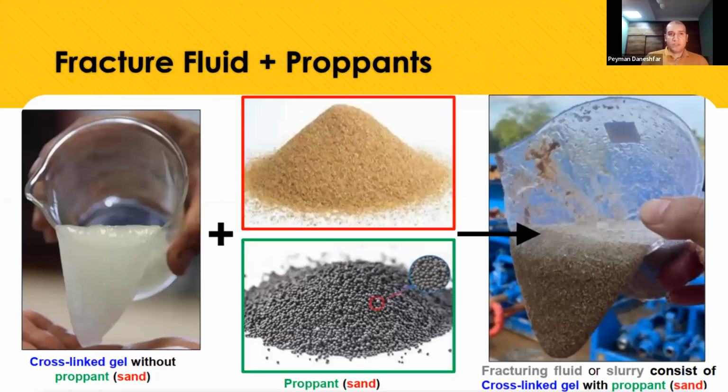Now you can see the fracturing fluid, cross-link gel, without the Proppant. With the Proppant, it will have this shape, this is the fracture fluid slurry. You can see the viscosity, the concentration of the Proppant, all the parameters just by touching the gel.